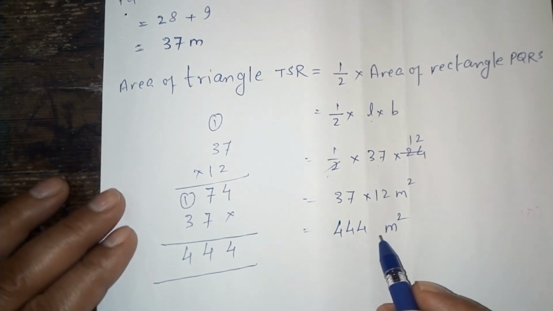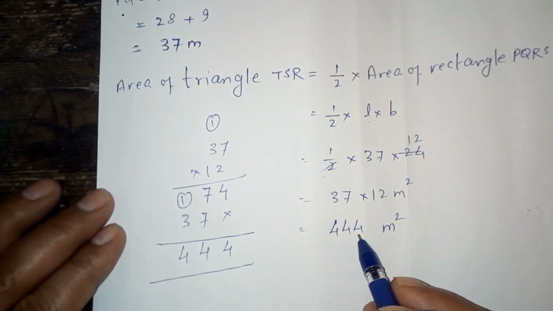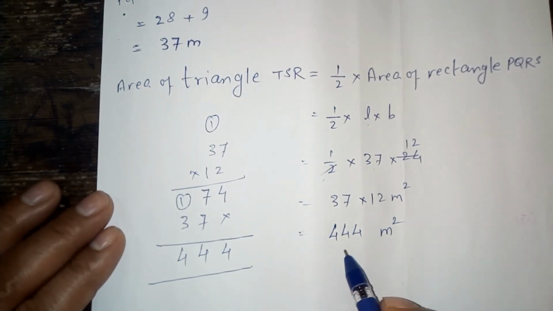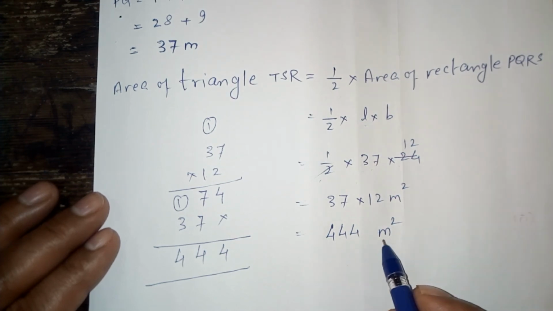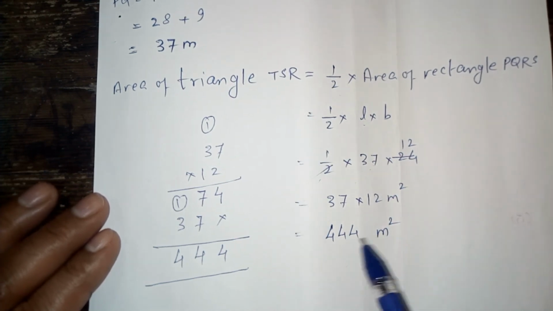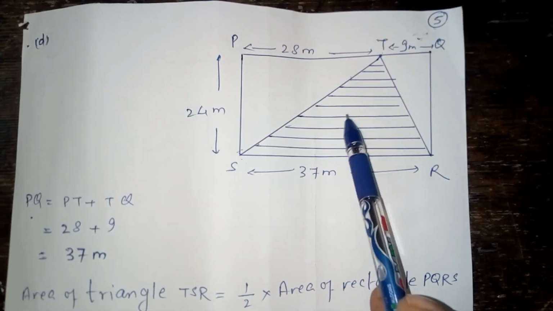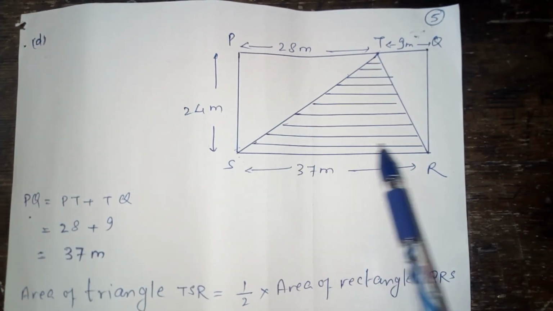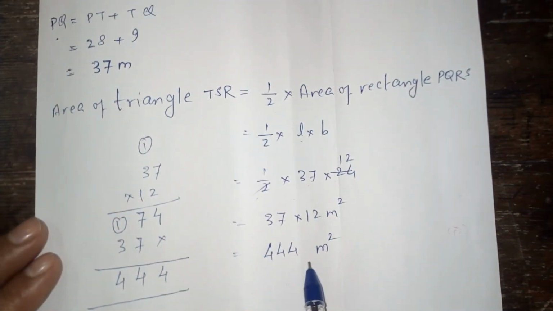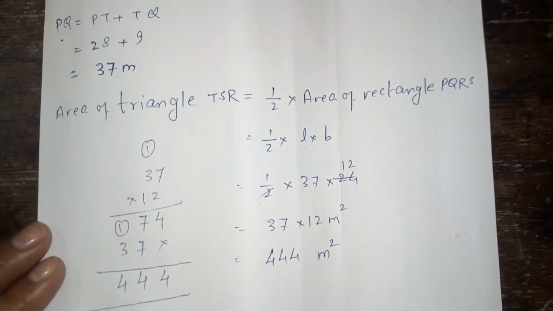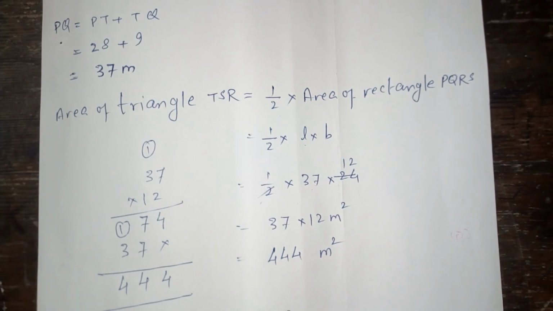So 444 square meter is the area of triangle TSR. This is the required answer for your required question.